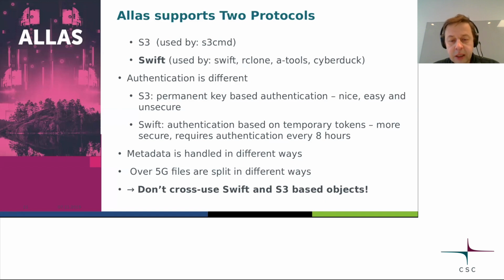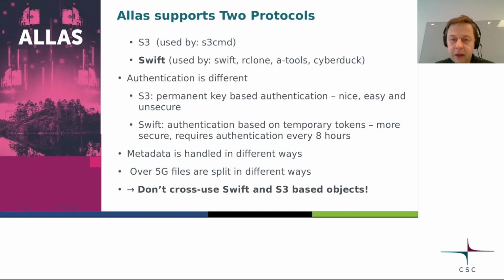However, these two protocols are not compatible in the way they split your data. So if you have uploaded a large file to Allas using Swift, you cannot download it with S3 and vice versa, because they split the data in different ways. Swift doesn't know how to build the original file from the objects that have been created by the S3 protocol and vice versa.